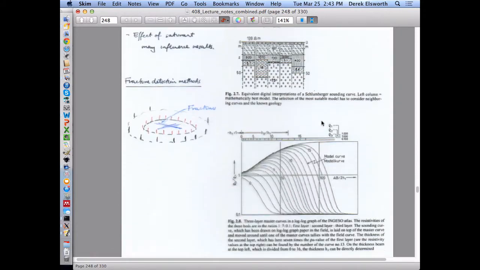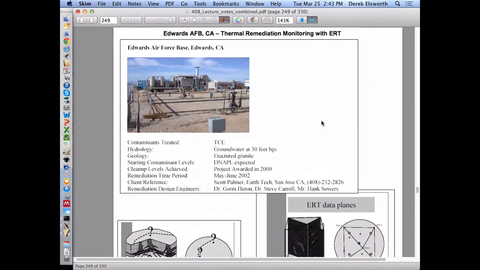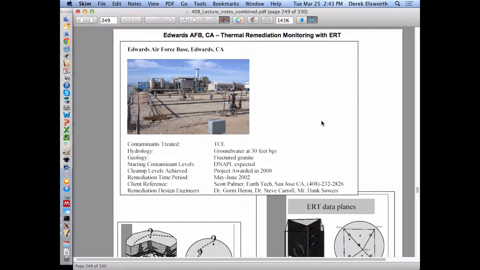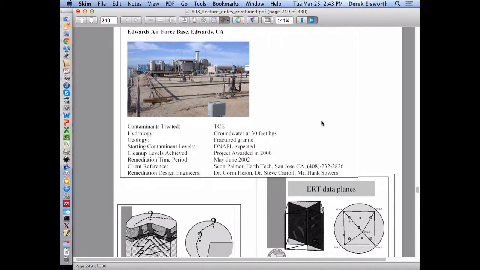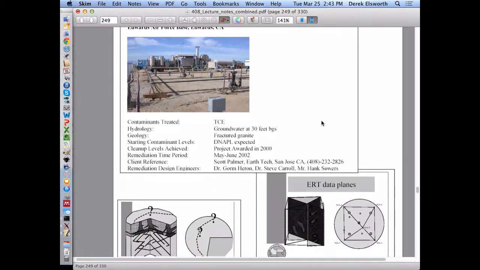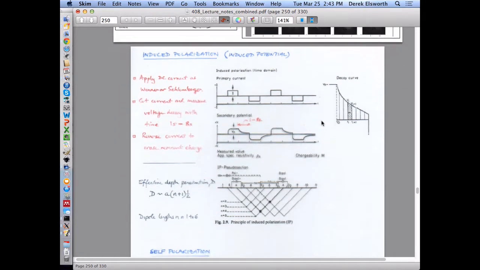And so we talked about using that and using it also in terms of tomography to monitor the progress of cleaning up a site. So if, for instance, the saturations of TCE change the average resistivity of the site in place, then as you remove that stuff, the resistivity will change, and you could actually map that in some way.